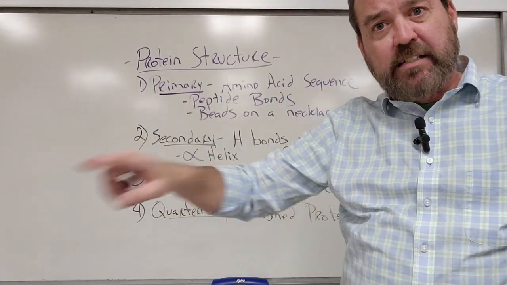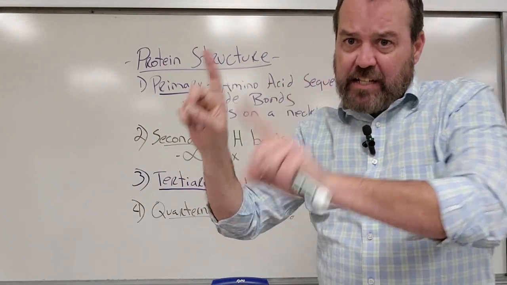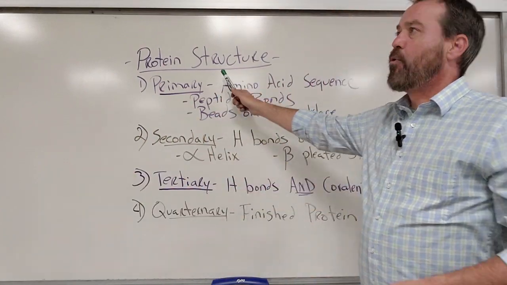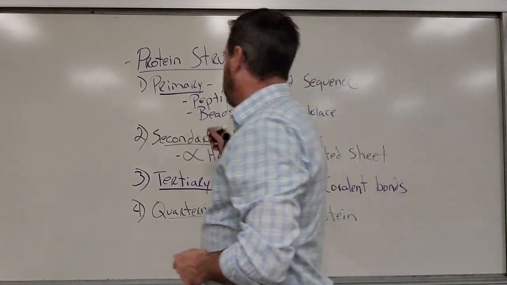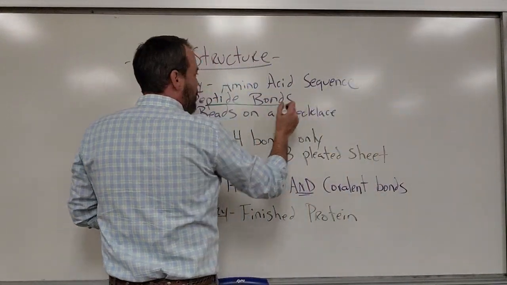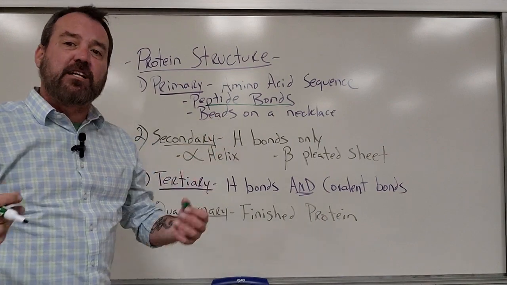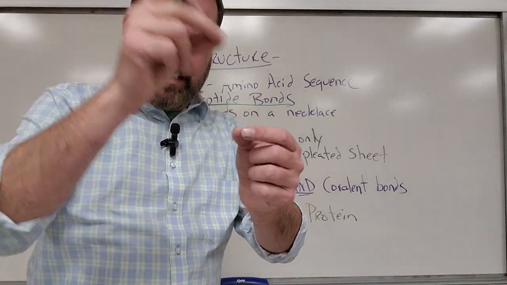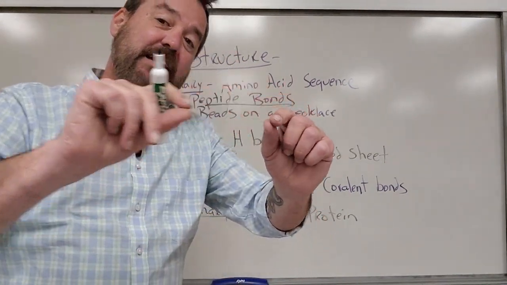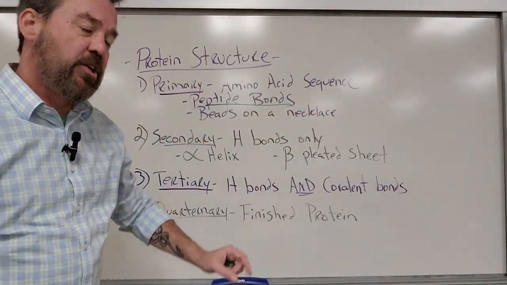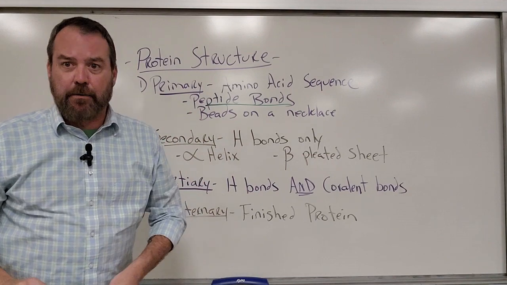And they all get bonded together in a specific sequence. That is my primary structure. It's held together by our peptide bonds. And one of the key ways to remember is it's like beads on a necklace. If you're a little kid, you ever put beads on a necklace, one bead and then the next bead and then the next bead. That's kind of how the primary structure of my protein gets laid out.